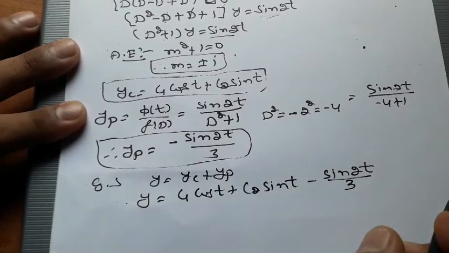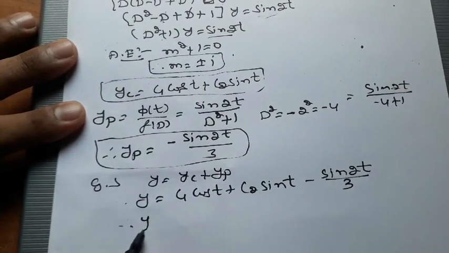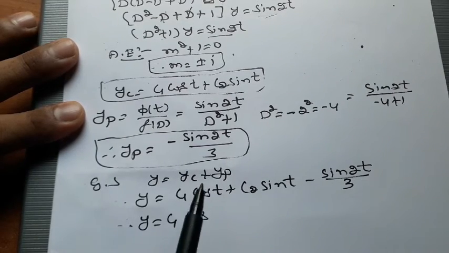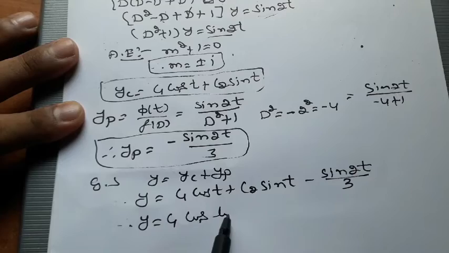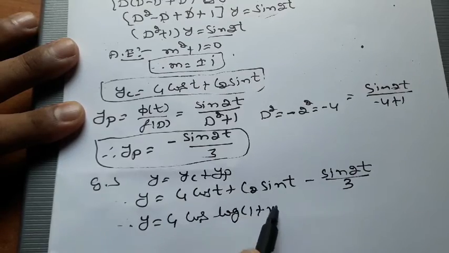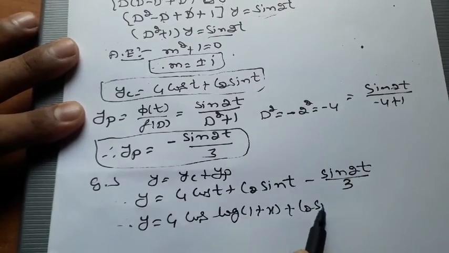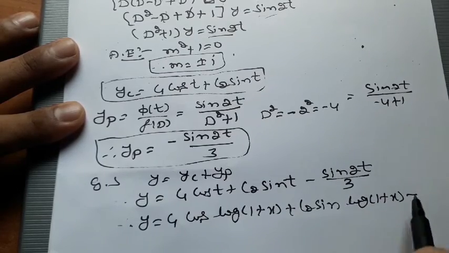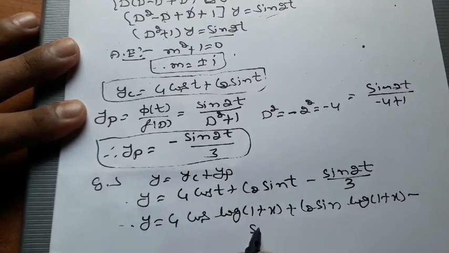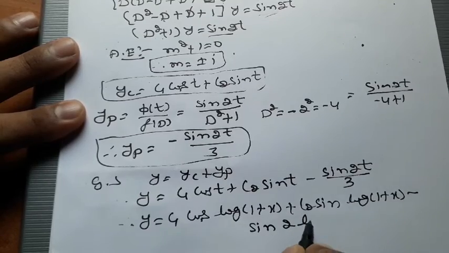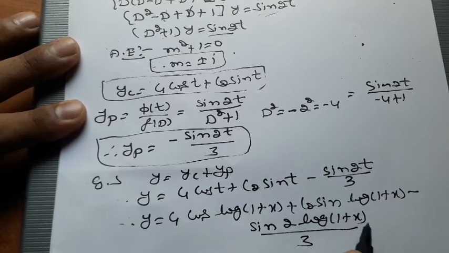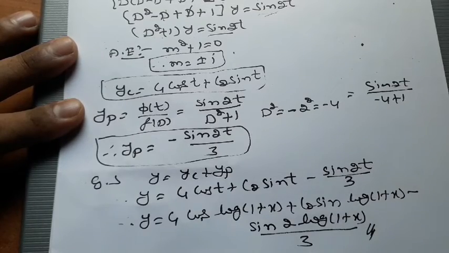But the problem is in terms of x, so y is equal to C1 cos of log of 1 plus x, plus C2 sin of log of 1 plus x, minus sin of 2 log of 1 plus x, divided by 3. This is the required answer.